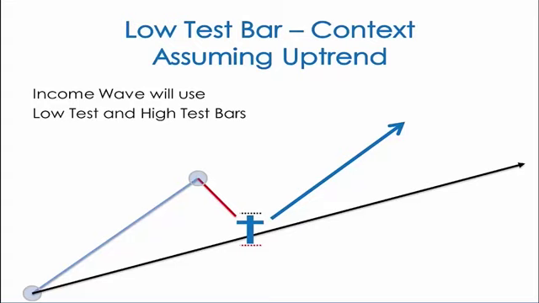And that's completely correct. The income wave is one of those four systems, and the income wave will be using low test bars and high test bars to get you into the marketplace. So now you're understanding some of the background as to what's going into some of these trading systems. But this is a strong, high probability system for giving you a signal that the market's likely to go up.